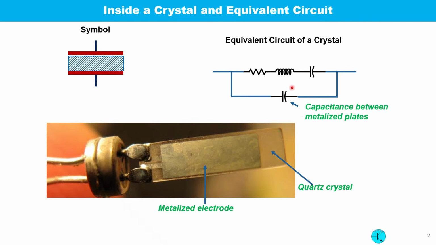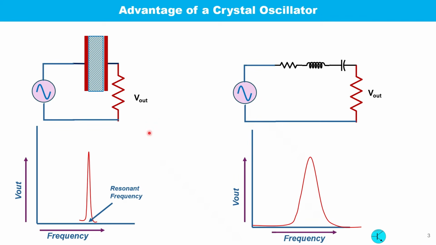At resonance, this electrical equivalent resistance becomes very low, and on the other hand, the inductance becomes very high, making the tuning very narrow. That is why the oscillation created by a crystal is very stable. If we use a resistor of few ohms in series with a crystal and use a signal generator in the circuit like this diagram, by changing the frequency of the generator and measuring the voltage across this resistor, we can find a frequency response of the crystal.